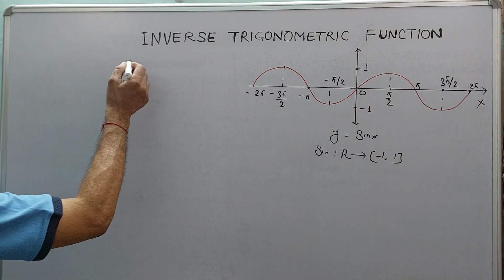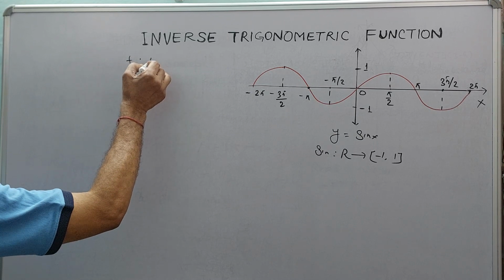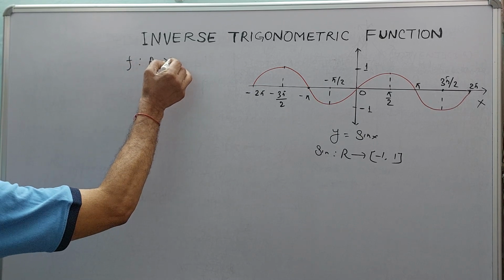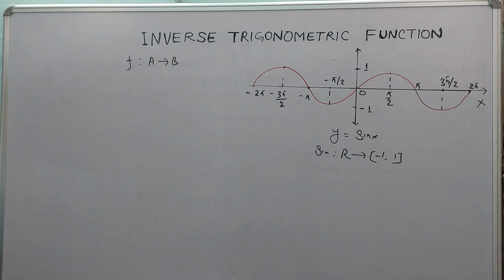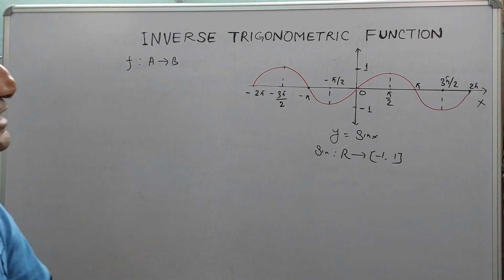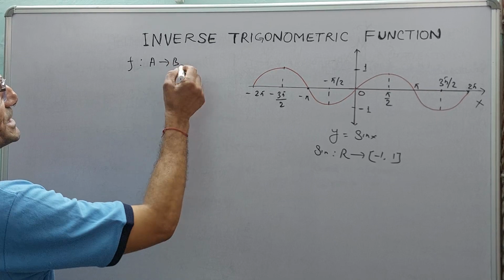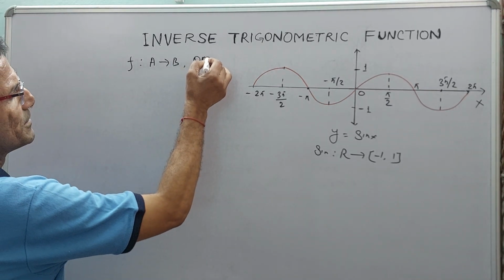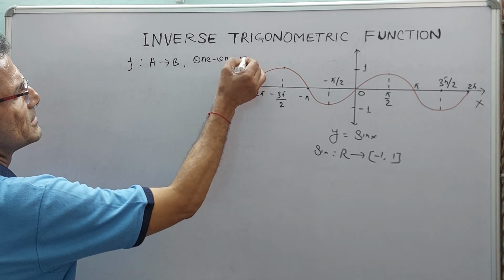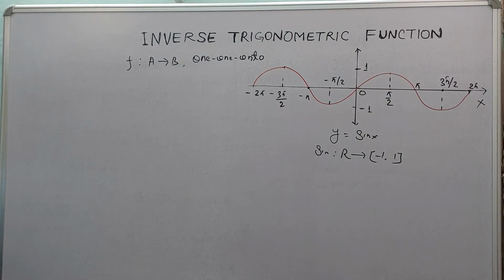Let us suppose f is a function from A to B, where A is the domain and B is the codomain. For a function to have an inverse function, it should be one-one onto. Its inverse is only possible when it is one-one onto.